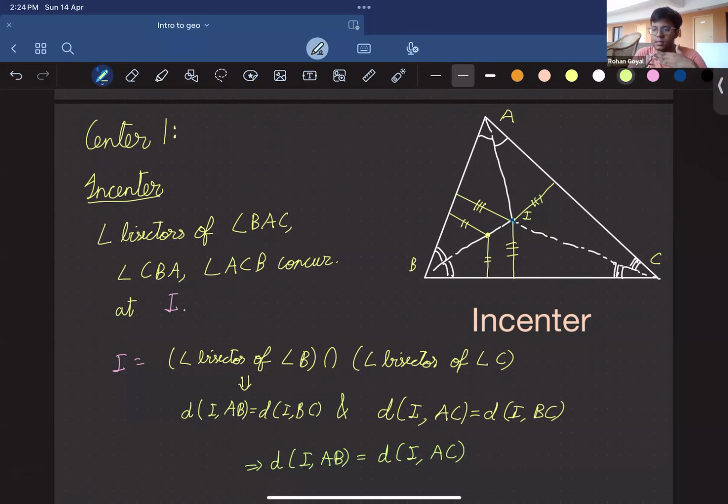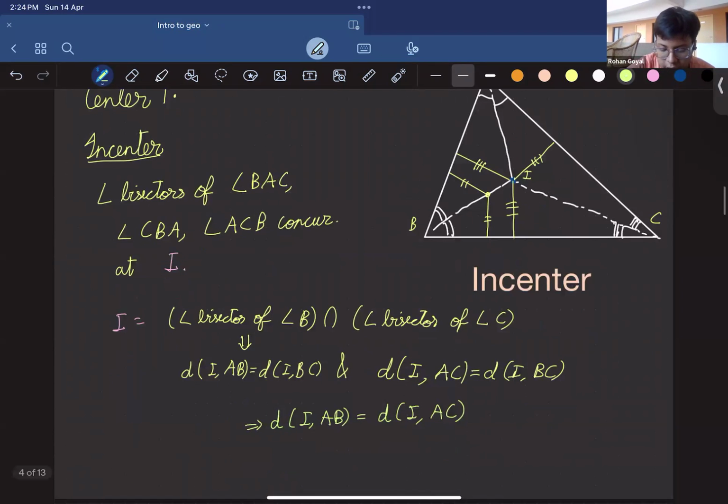But if you prove this, that if some point is on the angle bisector of B, then that means it's equidistant from AB and BC. Similarly, if it's on the angle bisector of C, then it's equidistant from AC and BC.